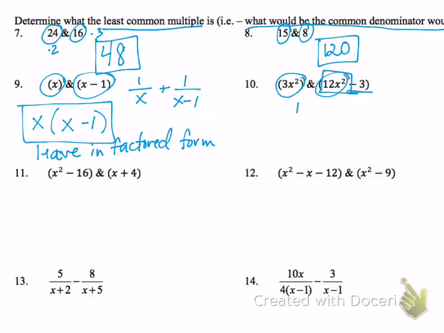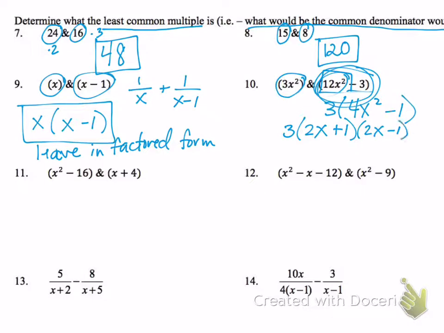And so 12x squared minus 3x squared. Let me do it this way. If I were to take a 3 out of this right here, I would be left with 4x squared minus 1. And then I could factor that to be 3, 2x plus 1, 2x minus 1.